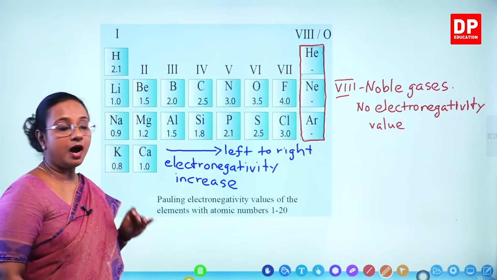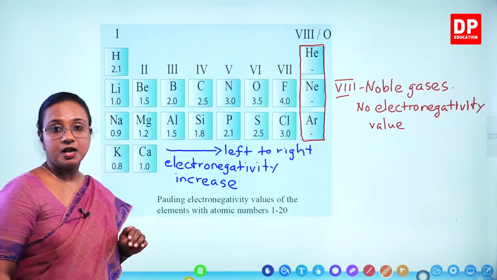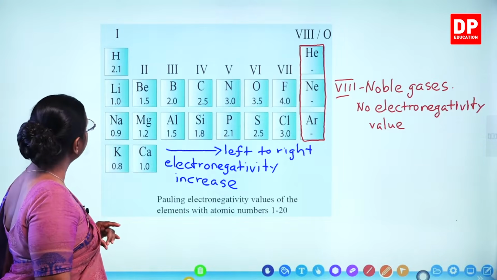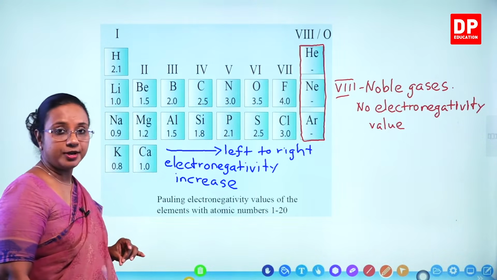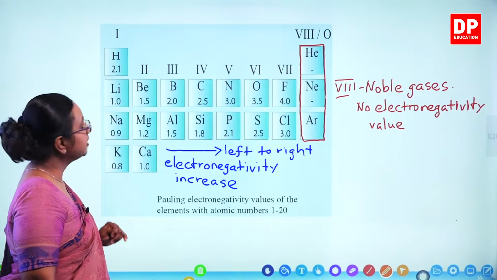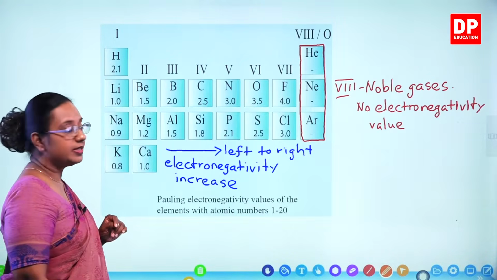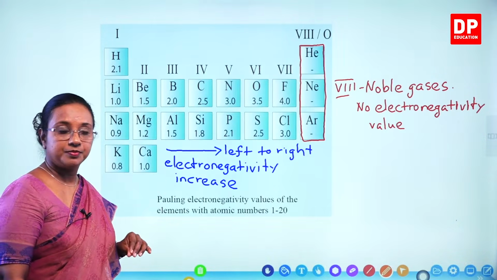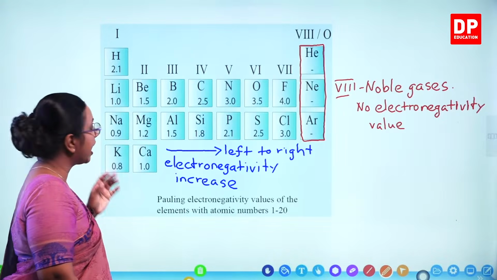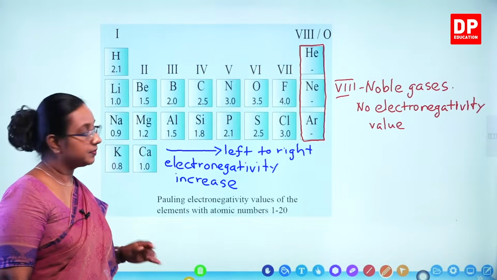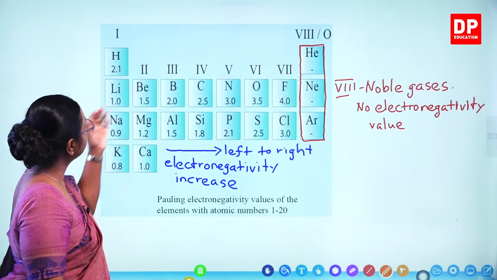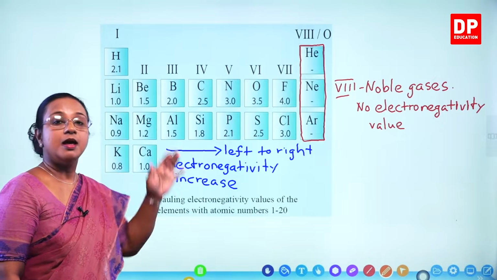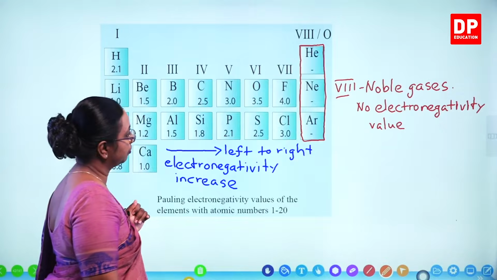Now we will see how it changes down the group from top to bottom. If we take group 1, it starts with 2.1 for hydrogen, 1.0 for lithium, 0.9 for sodium and 0.8 for potassium. So you can see the values are decreasing gradually. Take group 2: beryllium 1.5, magnesium 1.2, calcium 1.0. It decreases down the group.